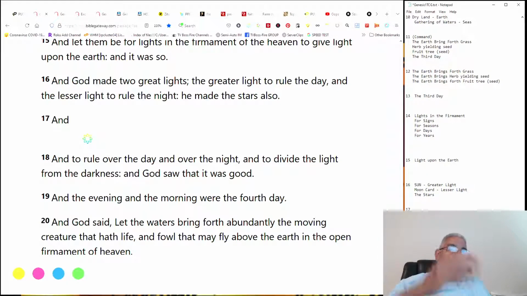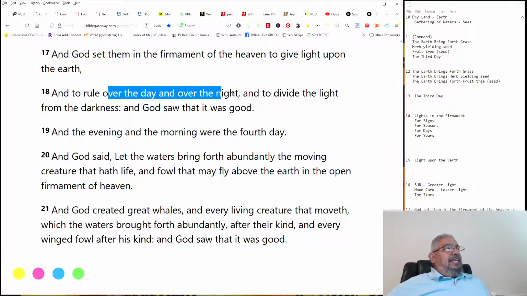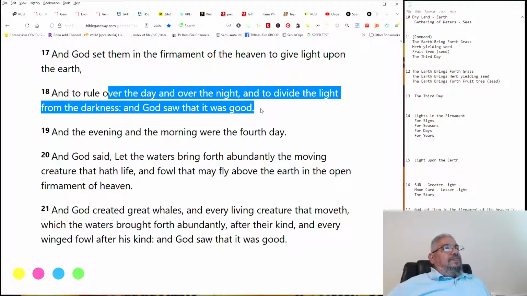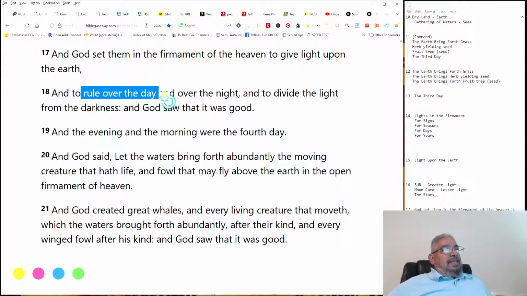So, dependiendo cómo desarrollo el juego, la mecánica del juego, va a determinar cuánto del título lo uso o se usa. 18. To rule over the day and over the night, and to divide the light from the darkness. And God saw it was good. So here we have ruling. Rule over the day. 18.